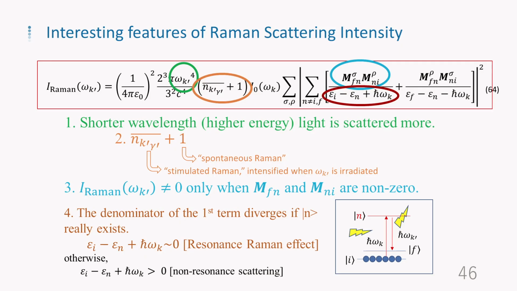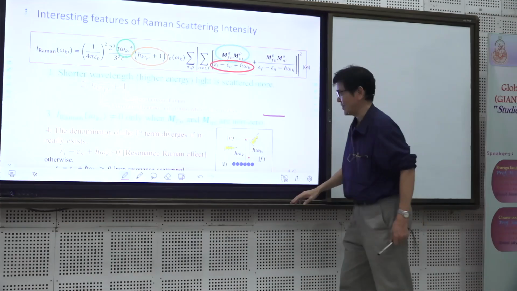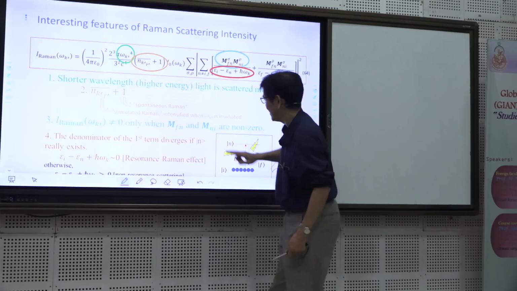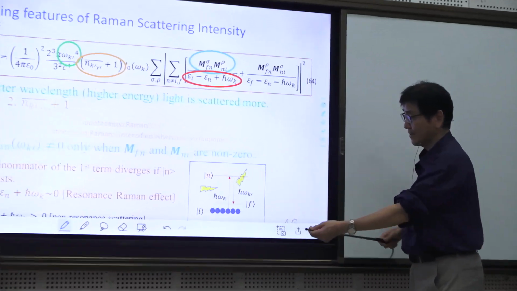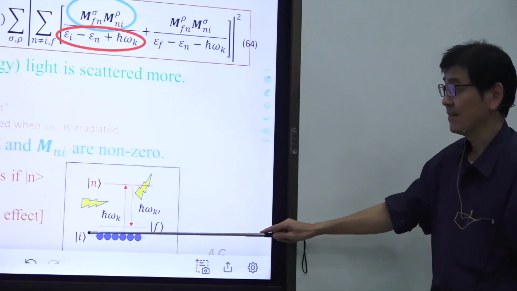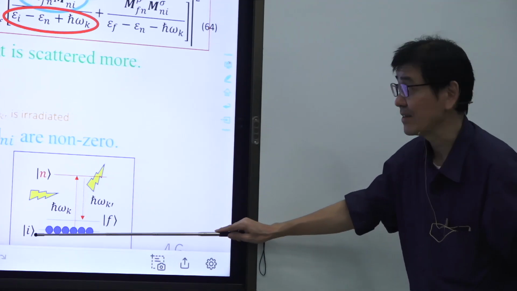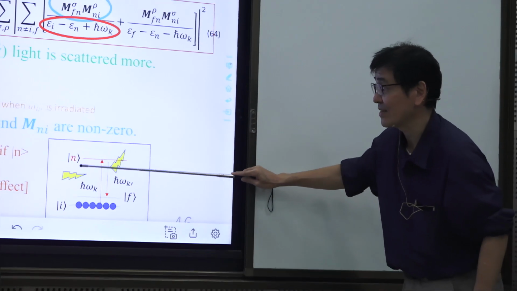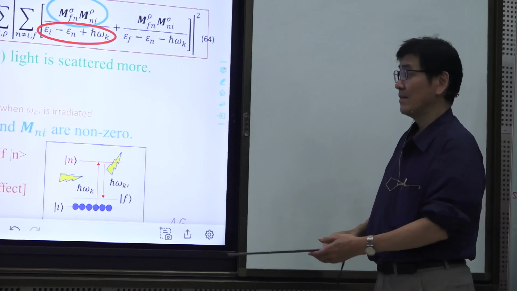So, virtual and real intermediate states. We always may use this figure. We consider the molecule in the initial state, passing through the intermediate state, and going to the final state.